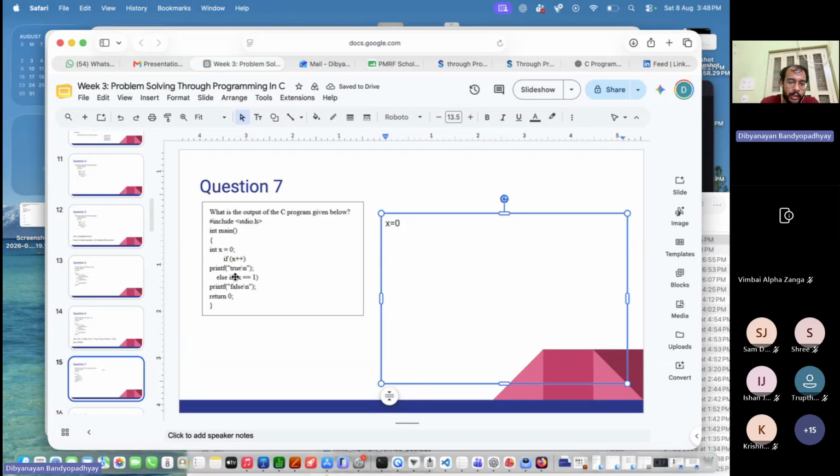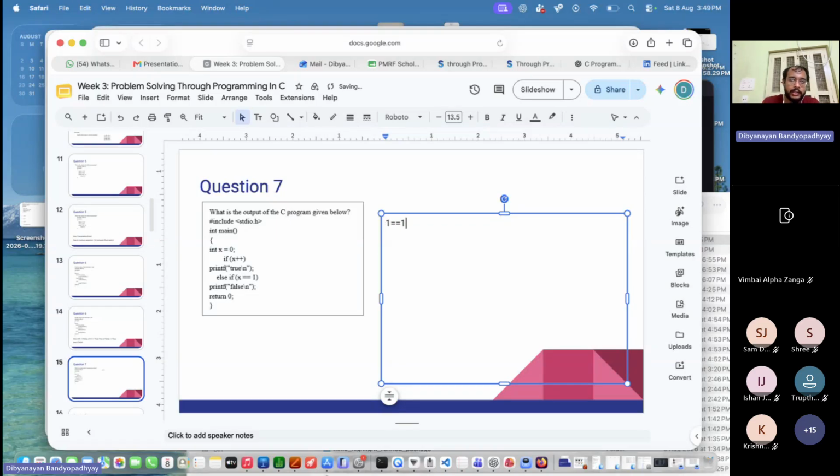But before moving to the else if, whenever the if operation is evaluated using x equal to 0, the x's value will be incremented in parallel to 1. Okay. Then whenever it goes to the else if statement, it compares the value of x with 1. But we already know that it has been incremented to the value of 1. So basically this operation is performed inside else if: 1 equal to 1.